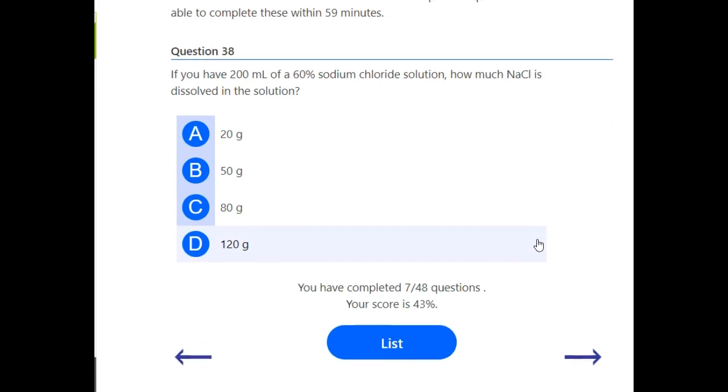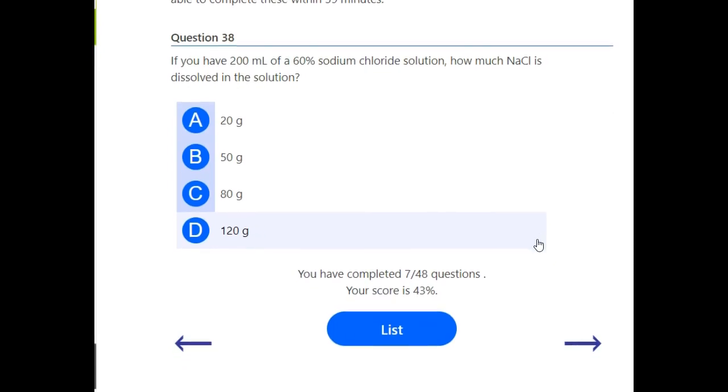If you have 200 milliliters of a 60% sodium chloride solution, how much sodium chloride is dissolved in the solution?